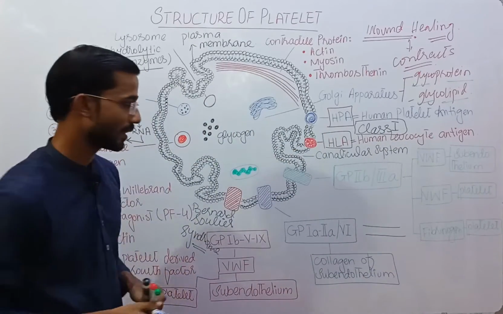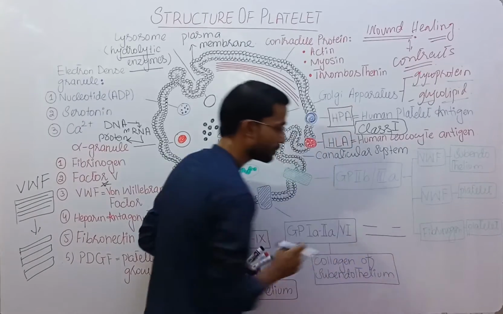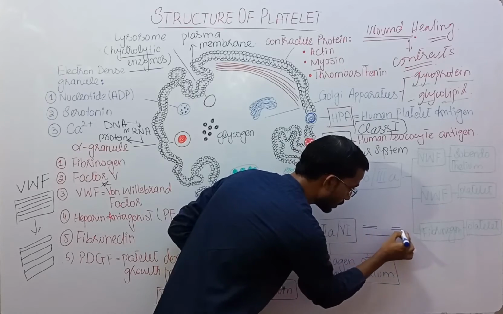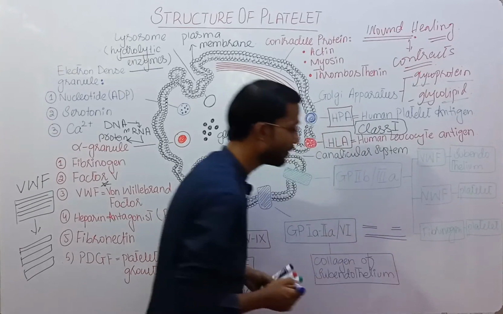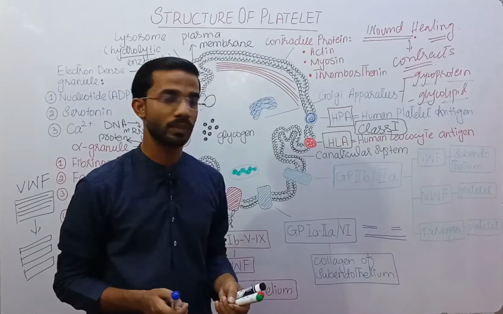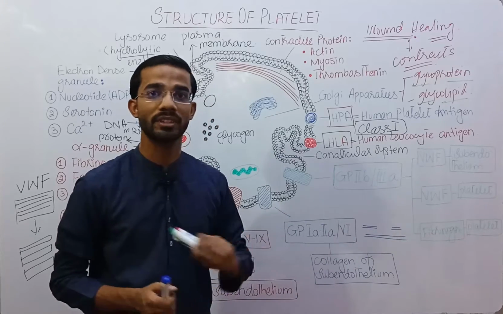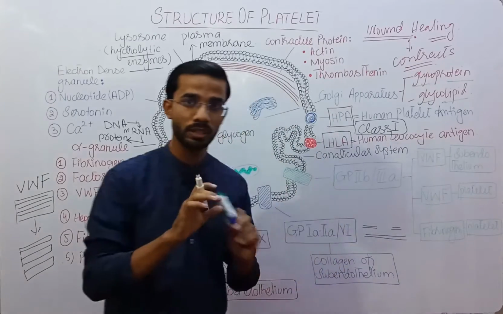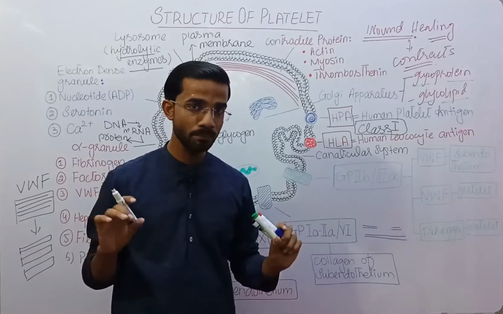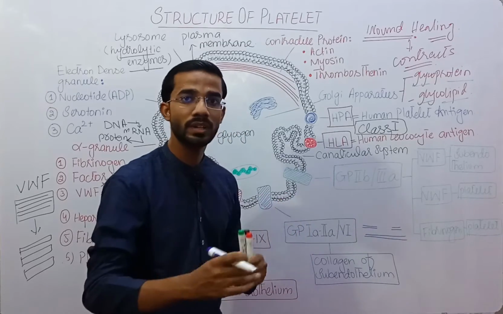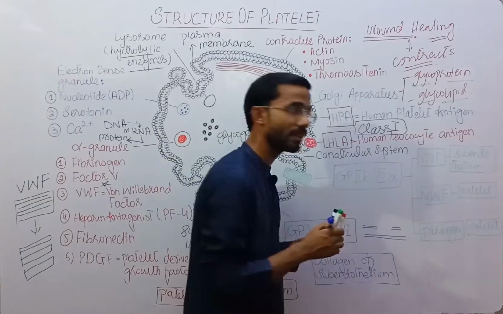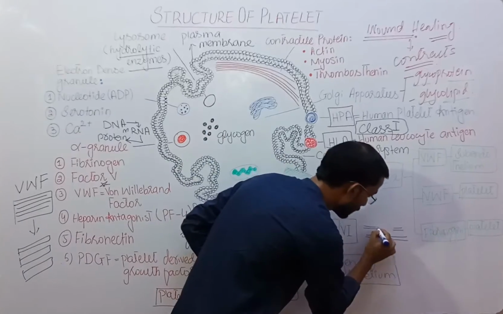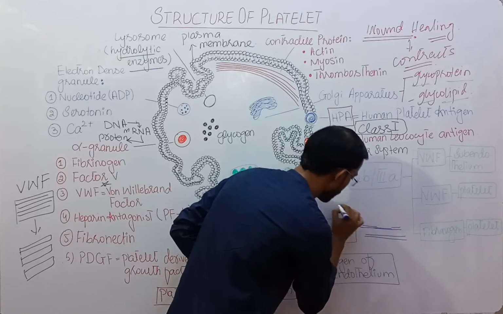This is a blood vessel. When it is injured, as you know, blood vessels have three layers: tunica intima, media, and adventitia. In the tunica intima, there is a layer of endothelium, and next is the subendothelium, which has a lot of collagen.